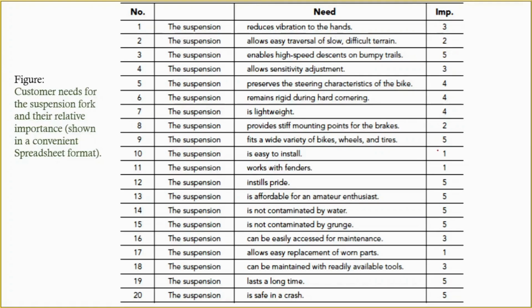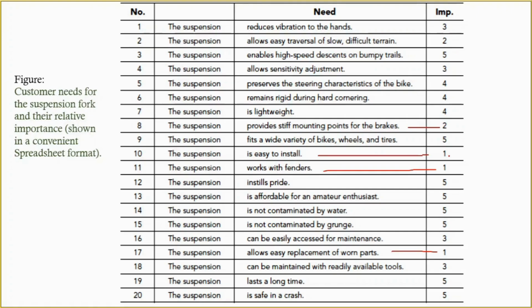The different numbers show the most important needs, like easy to install, works with fenders, provides stiff mounting pads for the brakes, and allows easy replacement of worn parts. When the number increases from 1 to 5, the need importance is decreasing: the first one is essential, the second is again essential, and we move toward the least essential.